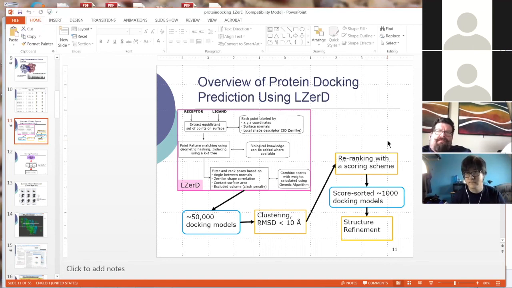Yeah, so this method, LZerD, is using a soft representation of the protein surface, but that is really just for changes of side chain orientation or some small changes in the backbone. In terms of RMSD, LZerD's soft surface representation can only consider up to about 2 angstrom, maybe up to 3 angstrom RMSD difference.